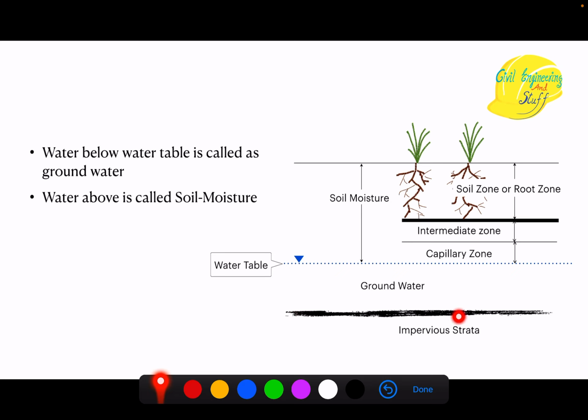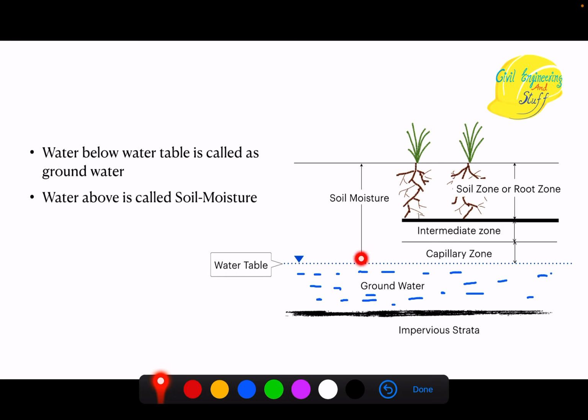We have the impervious rock strata over which we have, let's say, d depth of soil, and to a certain depth there is the water table. The water that is available below the water table is called the groundwater. So the soil will be at a saturated state in this depth.